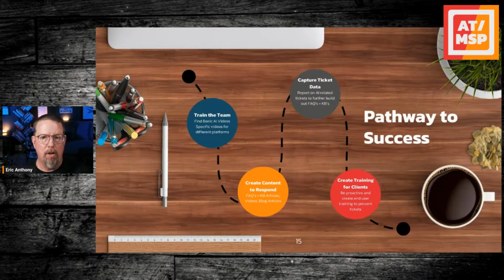All right. So just put this together really quickly, kind of calling it the pathway to success. But this is the kind of 4-step sequence that I see an MSP going through to get up to speed on AI with their team and with their clients. So first thing, you're going to want to train the team, right?